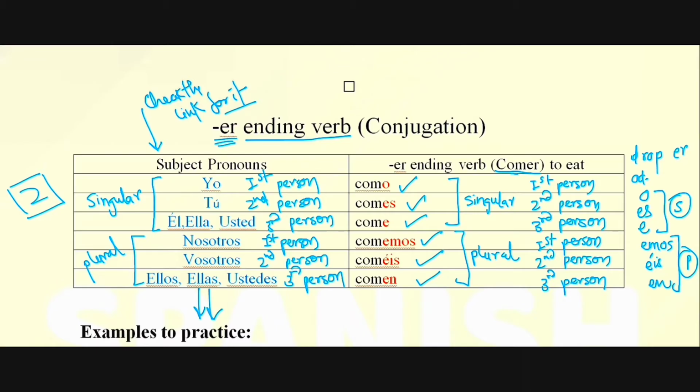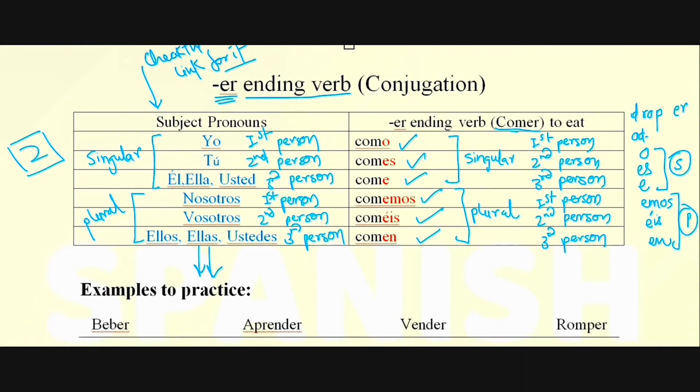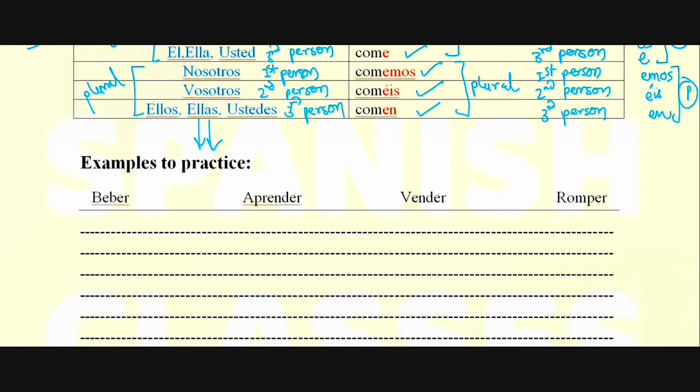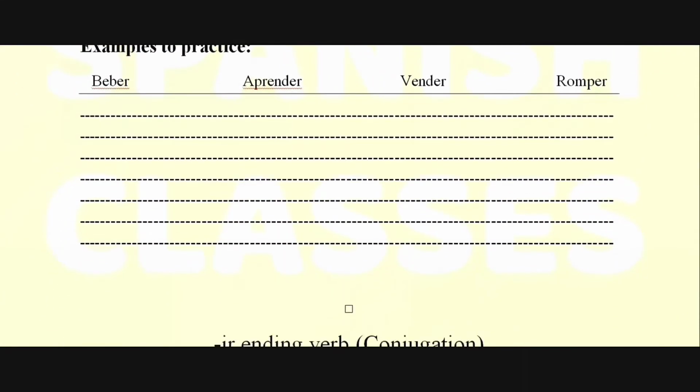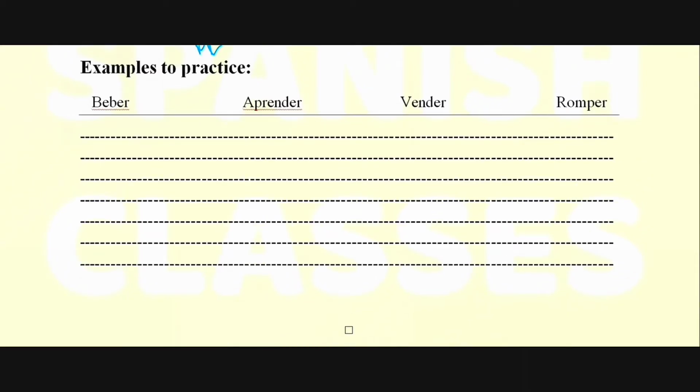Let's have some examples to practice. These are 4 ER ending Spanish regular verbs. Same thing we have to repeat. You have to drop ER, pick the root word, write it 6 times, and then add suffixes. So start with beber, drop ER, add suffixes.